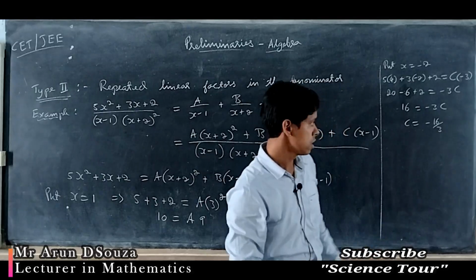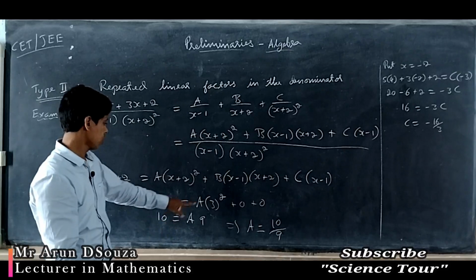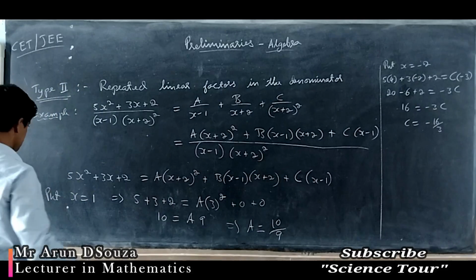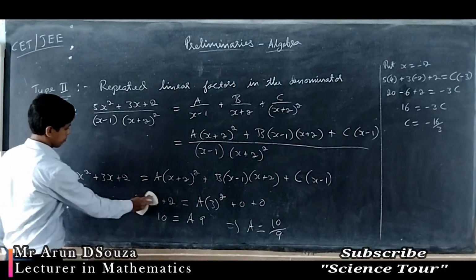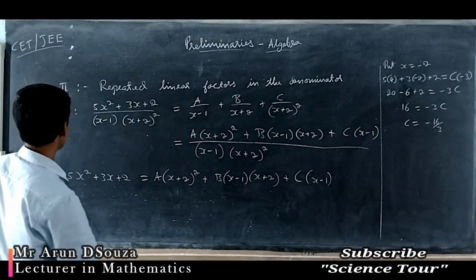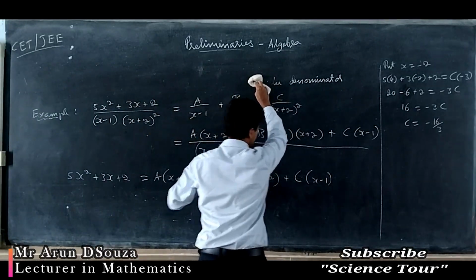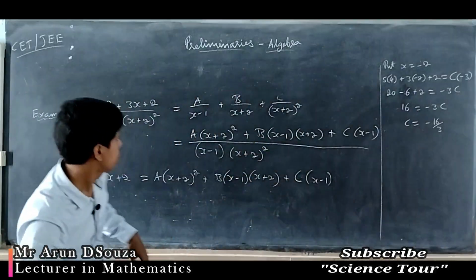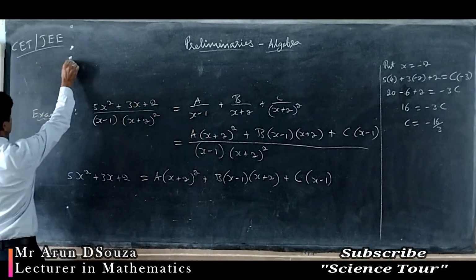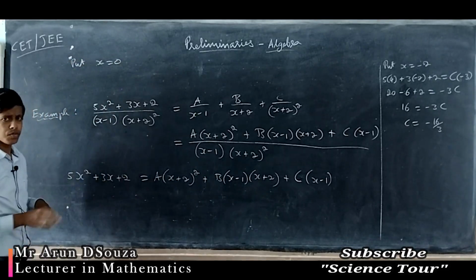Fine. Last, you have to find the values of a, b, c. Now we have got a and c, so find the value of b. Okay, to find the value of b, I will write it on the top. So to find the value of b, we will put x is equal to 0. You can put anything practically.